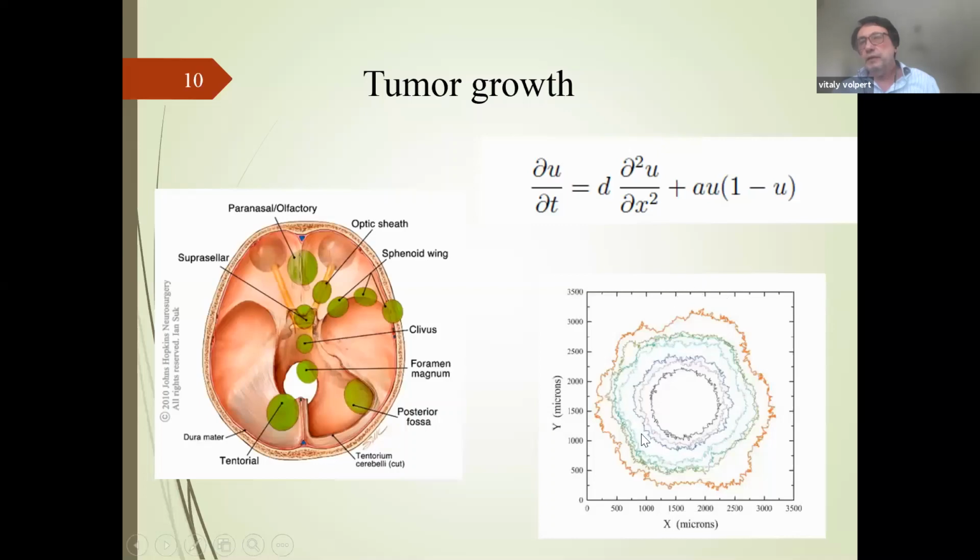In the bottom right figure, you see experimental data on how a tumor grows in time. Again, up to some heterogeneity, these are more or less concentric circles corresponding to the area occupied by the tumor.